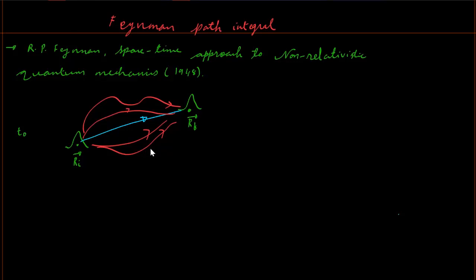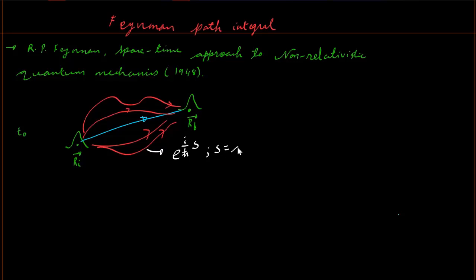Also, he said that there is a weight associated with each trajectory. I mean, there is a probability of finding the particle, here the quantum particle, propagating along a particular path, and this is proportional to e to the power i over h-bar times S. Here S is the classical action.